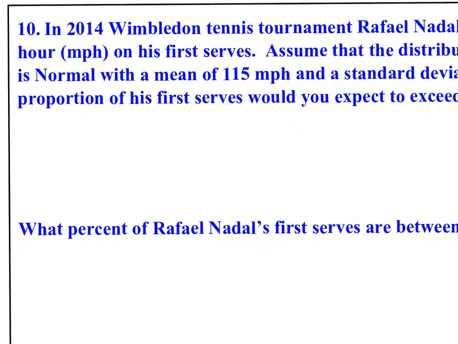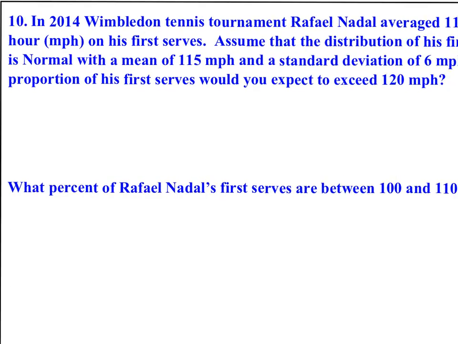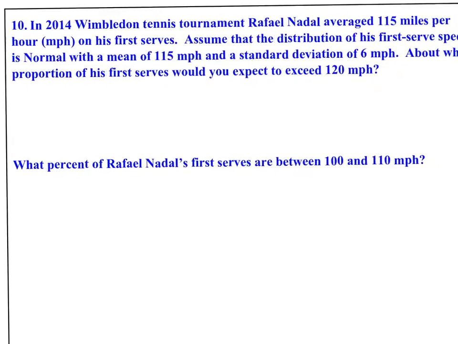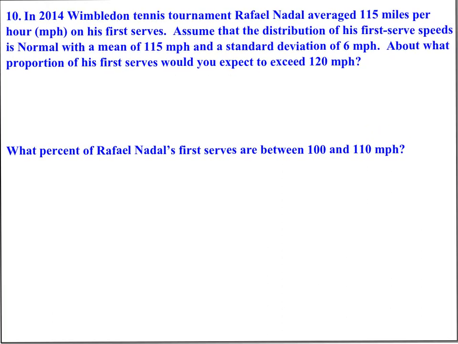On this tennis example, okay, these are back to normal CDF, right? Because what I'm looking for is a percentage. The only thing that's different here is context. So this again would be two normal curves.